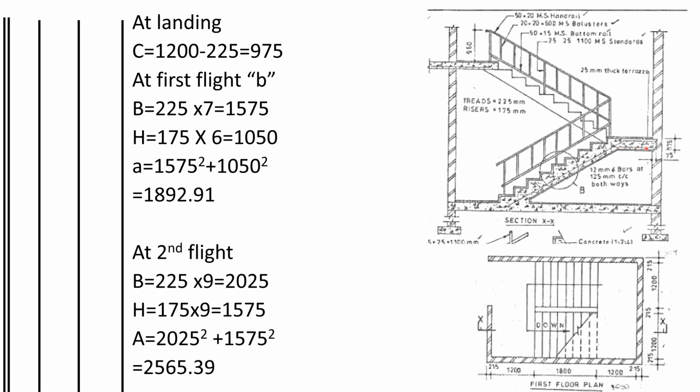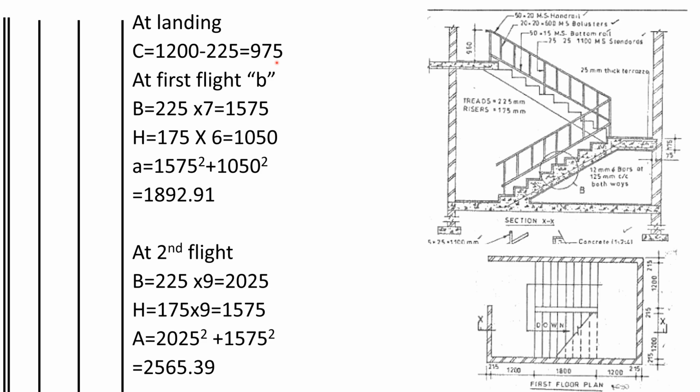Then remember, when you are doing formwork for the landing, we will not include the wall here because the wall will hold its own concrete. So we'll only do formwork from here inside the wall up to here. So that's why we are taking 1200, which is this width. Then we deduct 225, the length of this one tread, which is equal to here. All right, 1200 we deduct 225, we shall get 925.